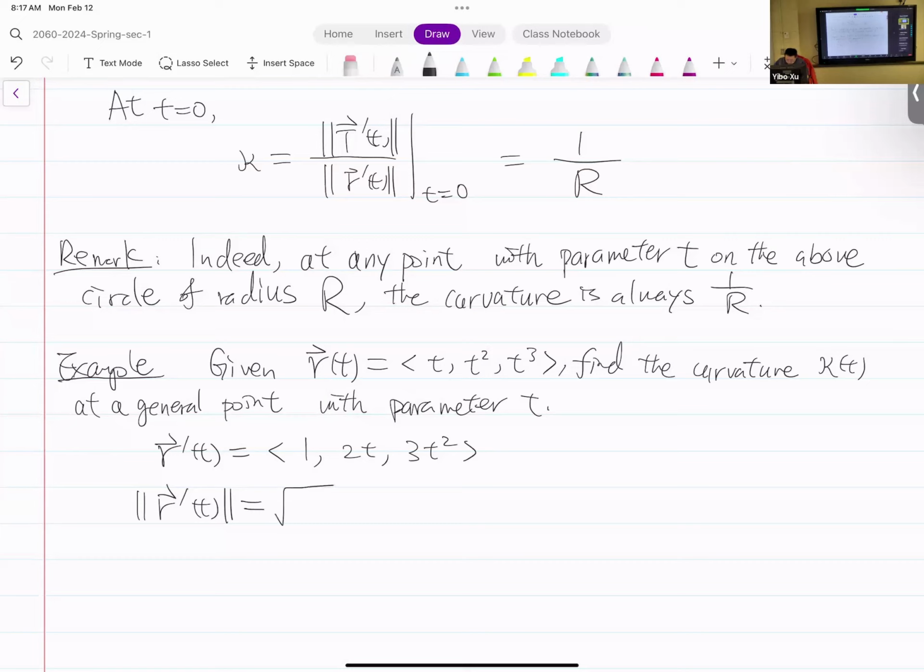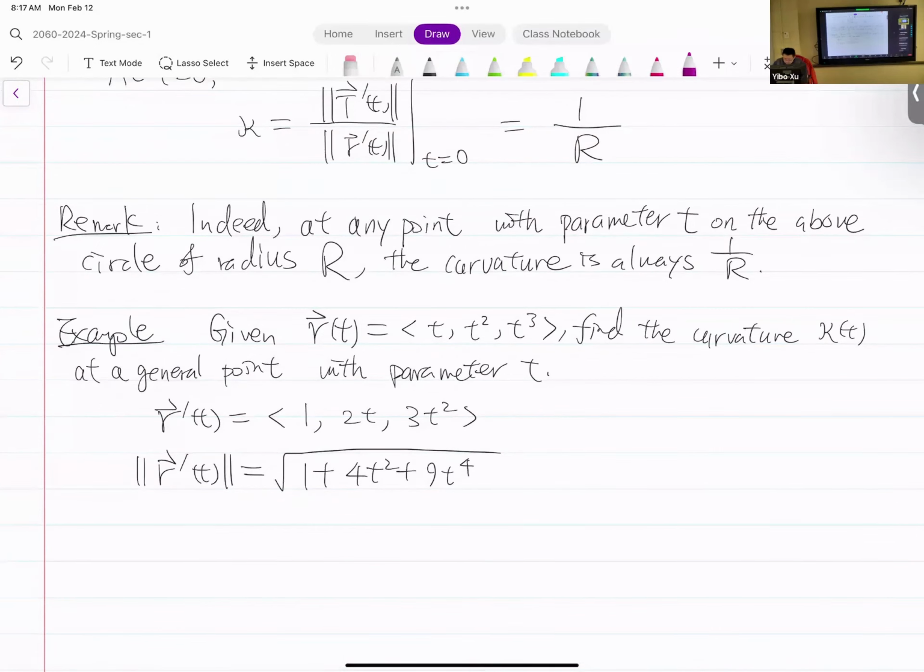So that's a radical already: the square root of the sum of the components squared. That's 1 plus 4t squared plus 9t to the 4. So this appears right here, and also in cap T, the unit tangent direction.